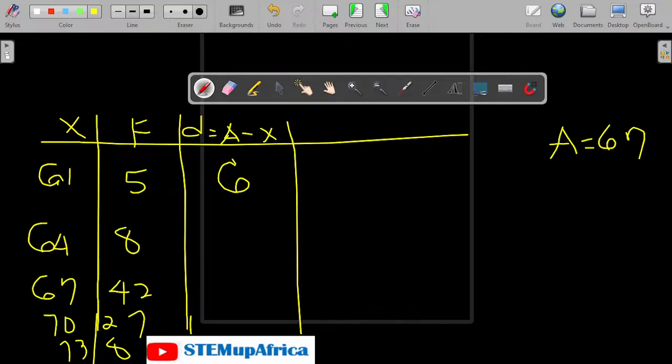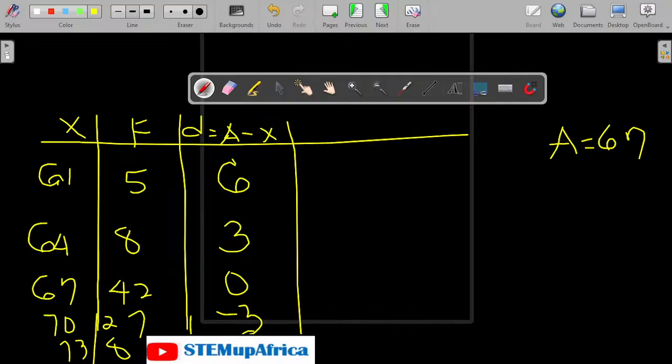Then 67 minus 64, that will give us 3. 67 minus 67 gives 0. 67 minus 70 gives minus 3. Then 67 minus 73 gives minus 6.